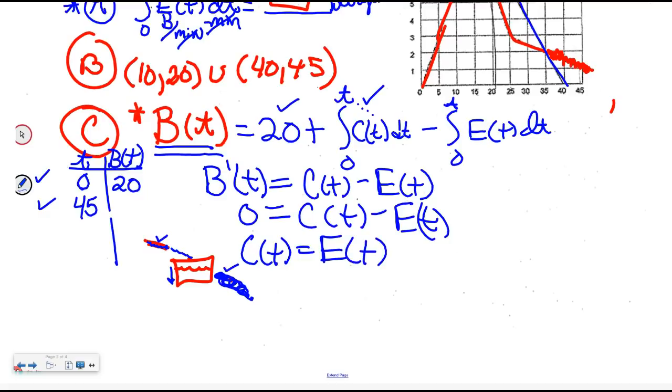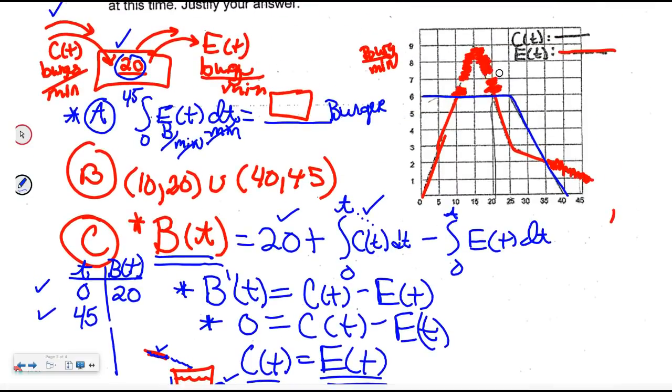So really, if you want to skip this whole derivative deal, you can just say I set rate in equal to rate out. And basically what we'll be doing is finding critical values. So back to my graph, my candidates for absolute maximum would be anywhere where my rate in equals rate out.